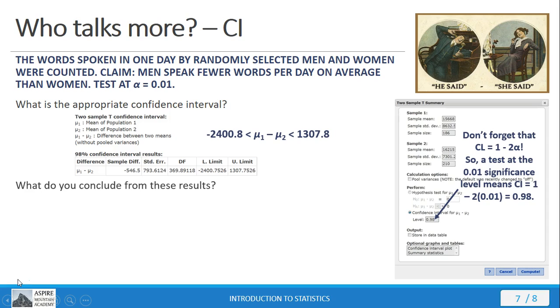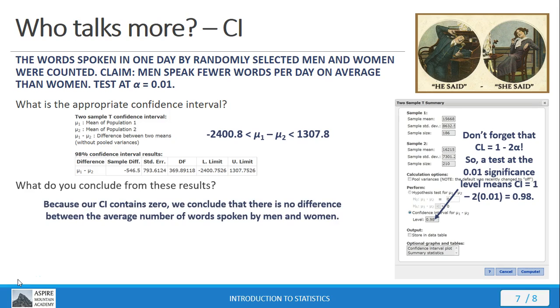It's inside. Therefore, it's possible that the difference between the mean values could be 0. And if the difference is 0, that means they're the same. They're no different. So, because our confidence interval contains the value of 0, we conclude there's no difference between the average number of words spoken by men and women.